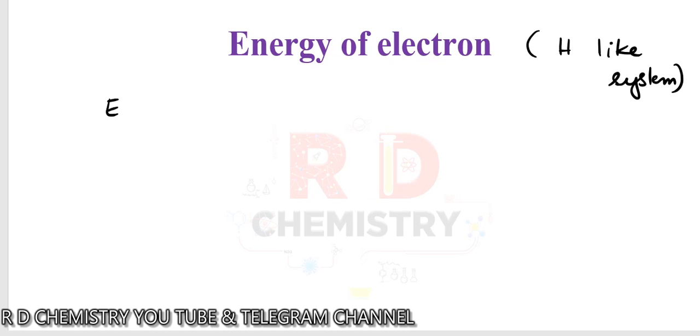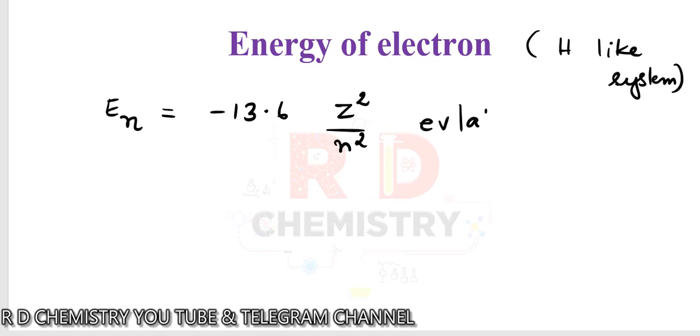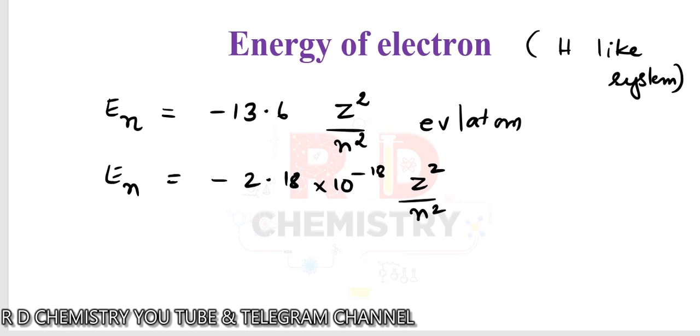Energy of the electron in any shell or orbit is equal to minus 13.6 Z square divided by n square. This is in terms of electron volt per atom. Energy of electron is equal to minus 2.18 into 10 power minus 18 Z square divided by n square in terms of joule per atom.